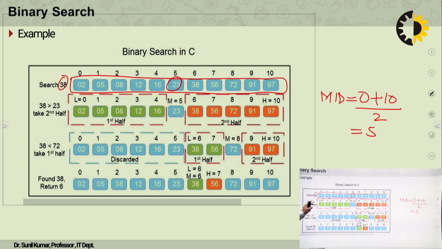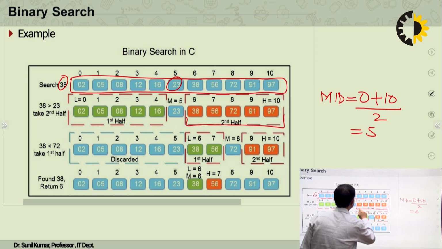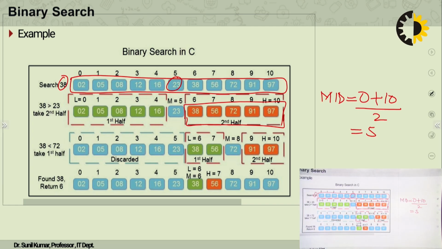Now we will compare 38 with 23. Because 38 is greater than 23, we will come to know that the searching element exists in the second half. That means we will come to this part. Again, we will repeat the same process. What will be the process? We will find out the mid element. So, what will be the mid element? In that case, 72 will be the mid element: lower bound plus upper bound divided by 2.